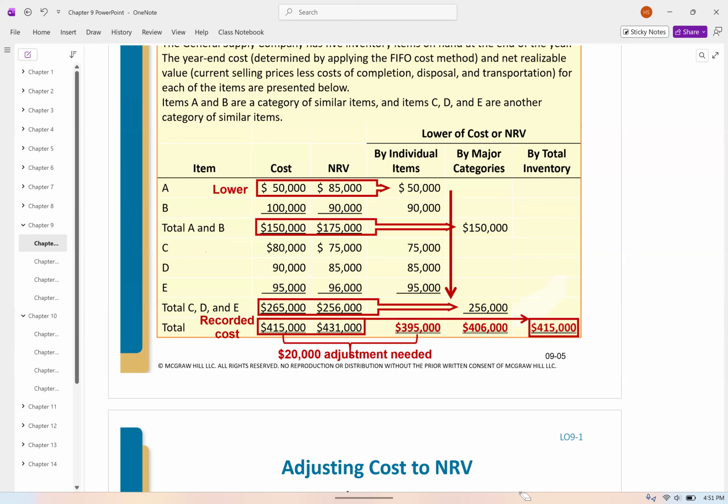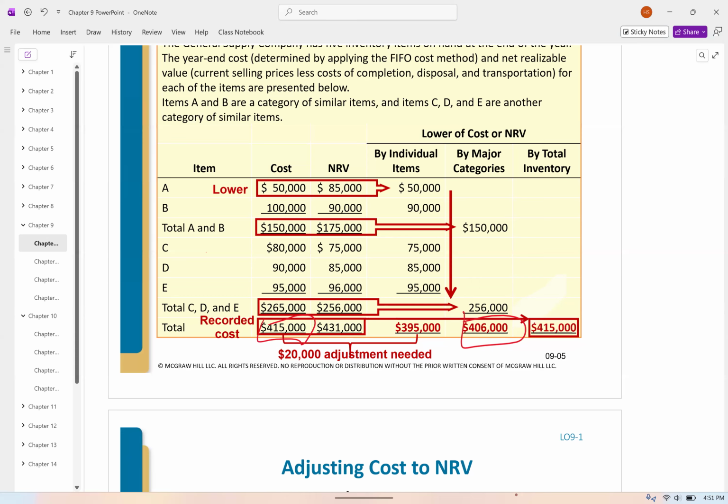So you look at your 415 compared to your 406, and that's a lot less difference. That's only about $9,000 versus 20,000 when we did it per unit. Per unit is probably the better one, but sometimes you're in a hurry, and sometimes you need a number fast.